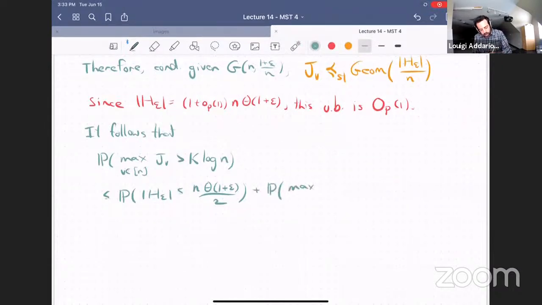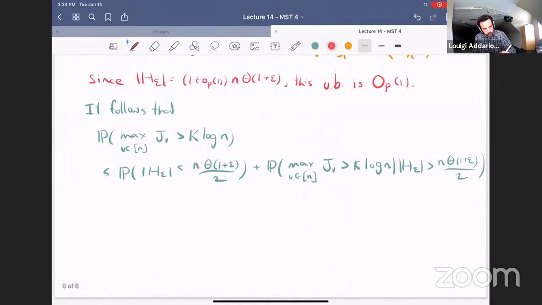And then in the good news situation, where that size is not too much smaller than it's supposed to be, I'll write, for that term we bound this by the probability that the maximum is bigger than k log n, given that the giant has size bigger than half its expected value. And the first term is little o(1) by the law of large numbers.